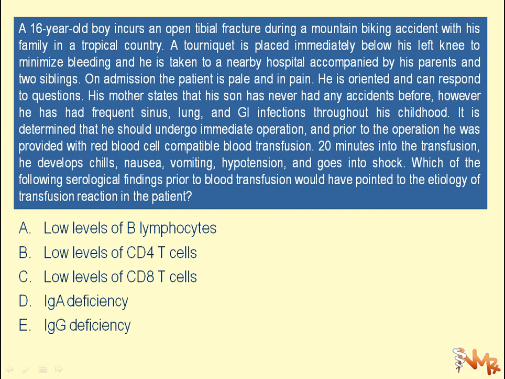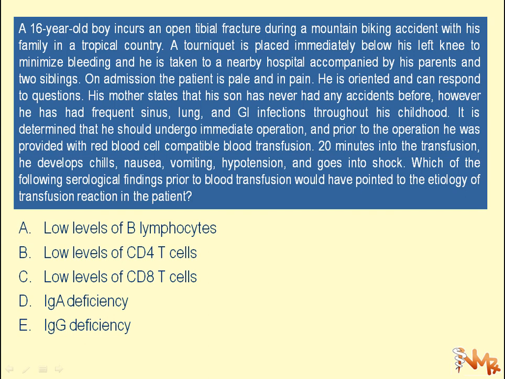Again, the boy is 16 years old. This is a classic case, and I had reasons to give you this case and these facts. The patient has had frequent sinus, lung, and GI infections, and there was something about the transfusion that he received that flipped on the response in this child. I will give you the correct answer right now, and then we're going to make sense of this information.